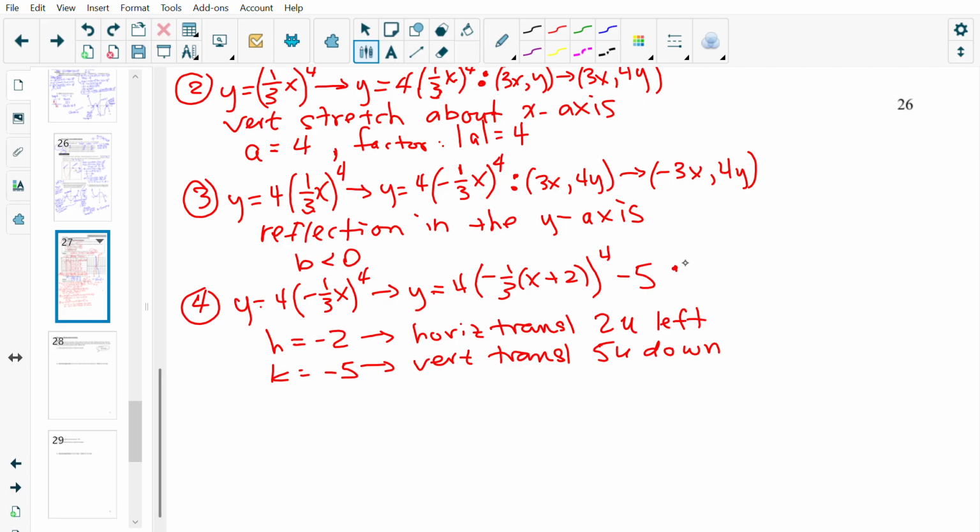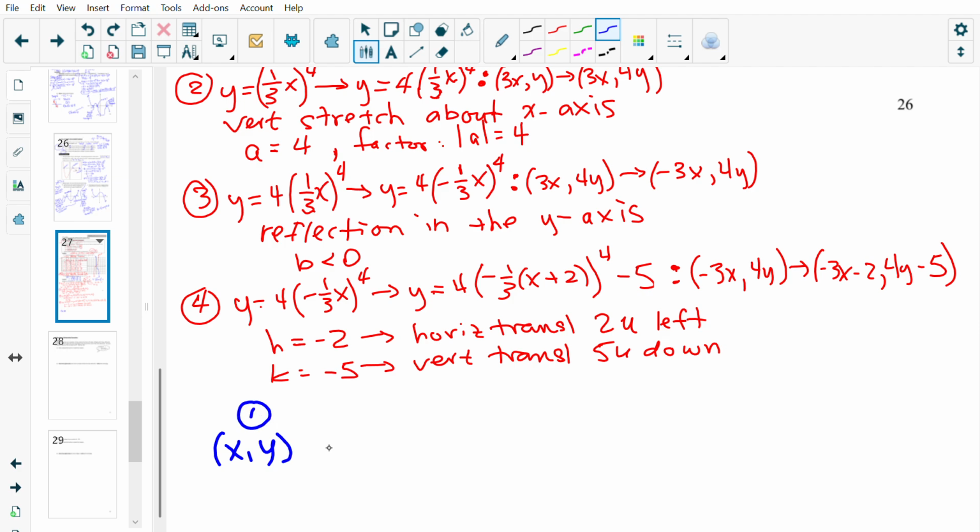Okay, globally, our mapping notation here. We had, from the previous example, (negative 3x, 4y). That translates to (negative 3x minus 2, 4y minus 5). Okay, globally, what does it look like? So we started with (x, y), the original.